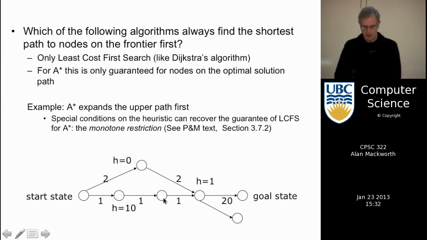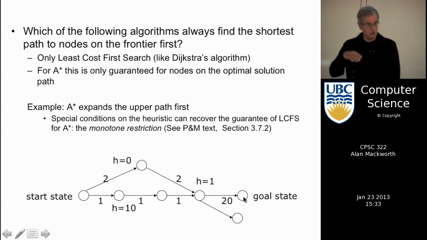You get to there, and its F value will be 2 plus whatever its heuristic value. It didn't put its heuristic value in there. It doesn't matter. We will eventually get to expand this to there, and so we get there having incurred a cost of 3 along this path and 4 along that path. So this path is cheaper, but we expanded the longer path first.